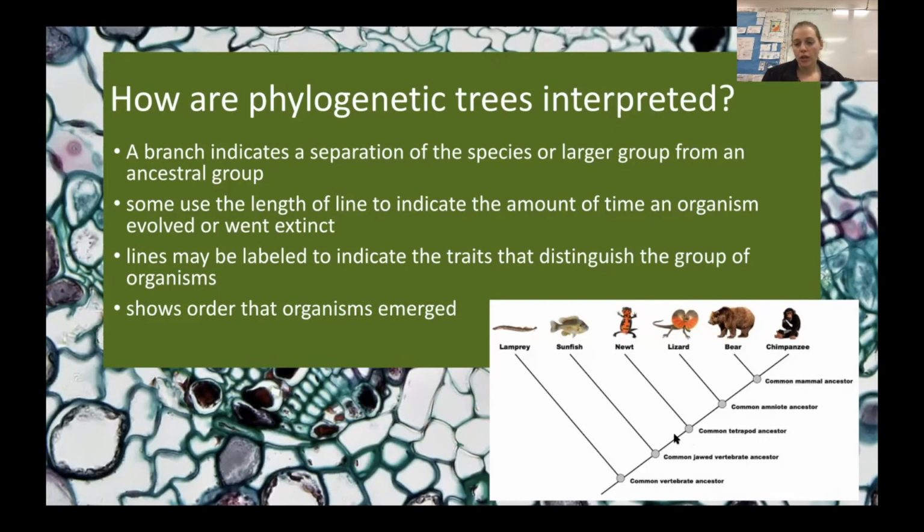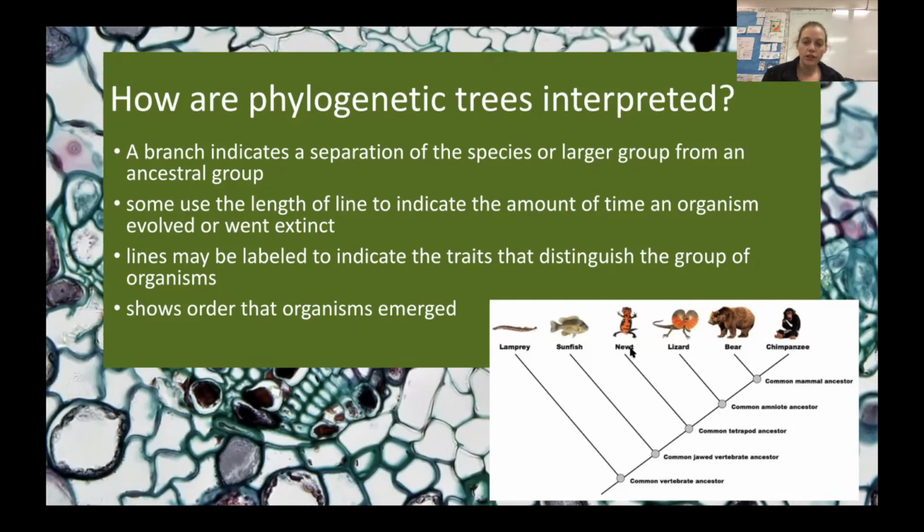If we keep going, we see a common tetrapod. So all of these organisms have 4 legs. The things that evolved before them did not have 4 legs. Here we have a common amniote ancestor. These are organisms that put a shell or some method of keeping their eggs from dehydrating is used. So the lizard, the bear, the chimp, they use either a leathery shell around their eggs or internal development for their eggs.